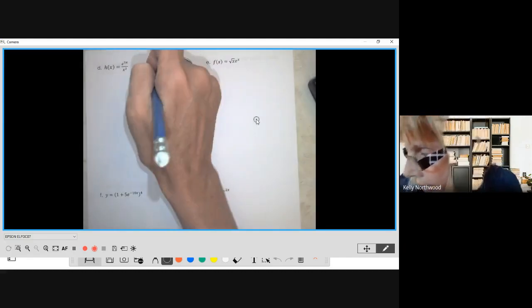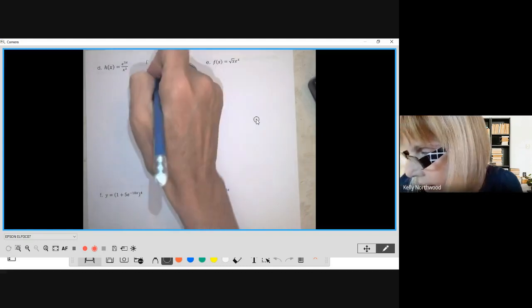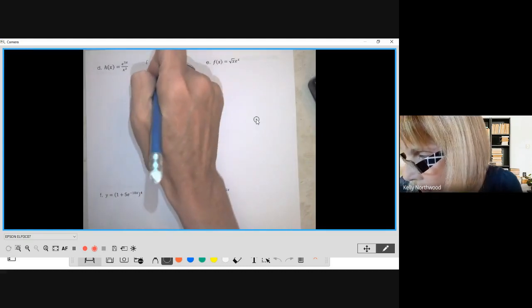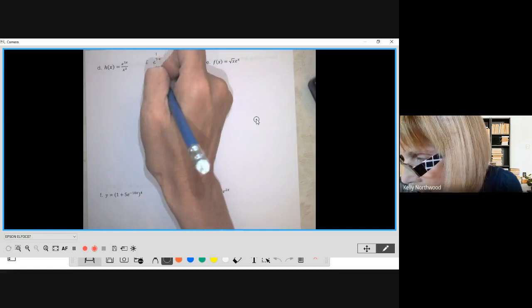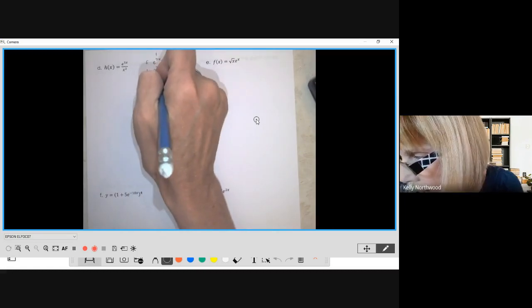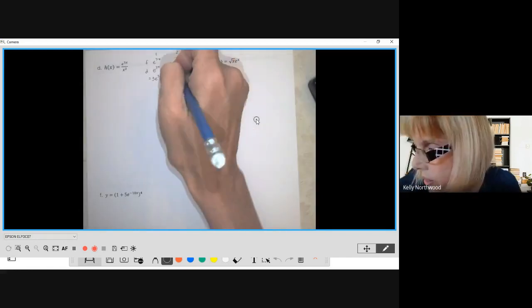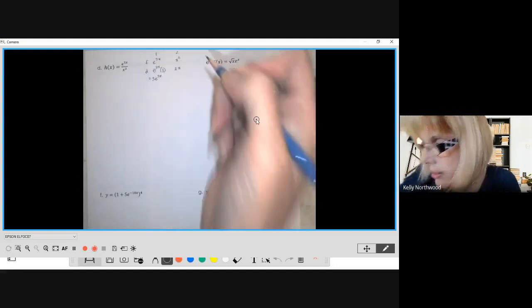Derivative of e to the 3x: the outer derivative is e to the 3x, and the inner derivative is the derivative of 3x, which is just 3. And you'd want to write that as 3e to the 3x. And the derivative of x squared is 2x.